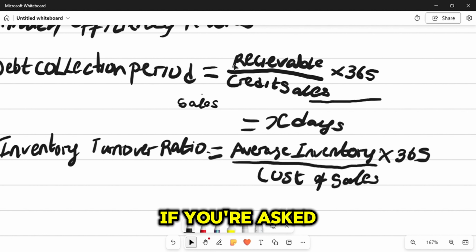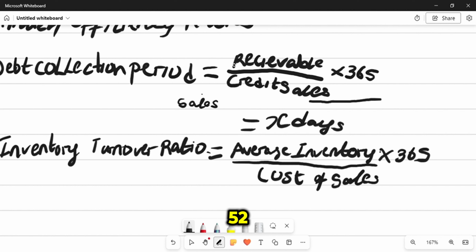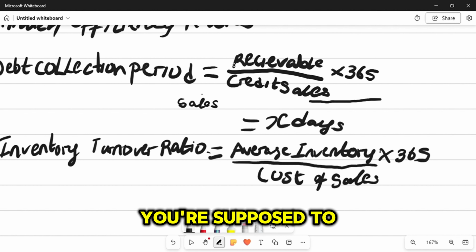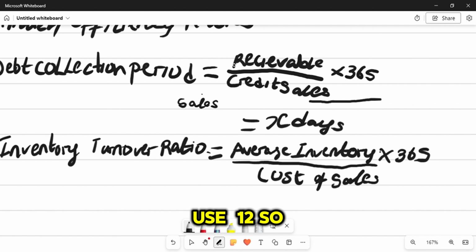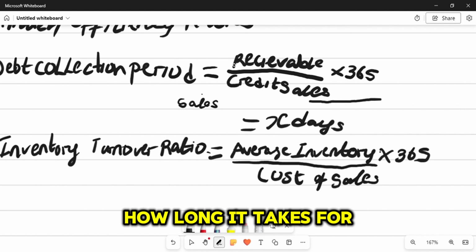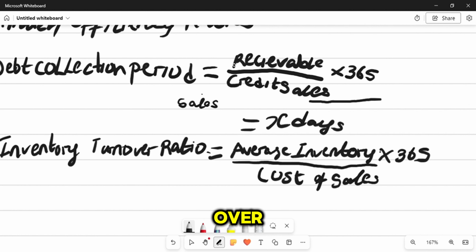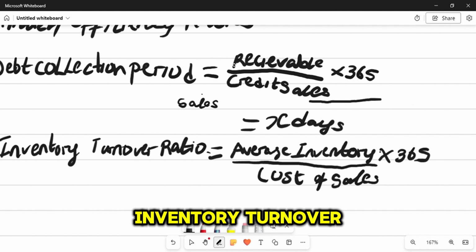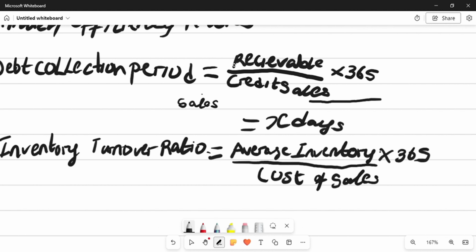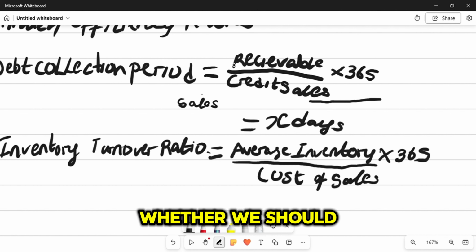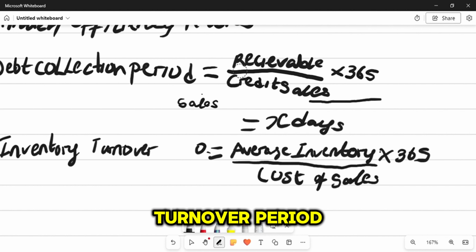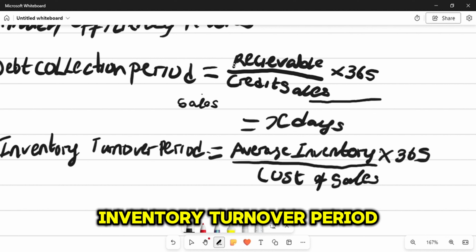So if you're asked in weeks, you're going to have to use 52, and if you're asked in months, you're supposed to use 12. This formula is basically to find out how long it takes for inventory to turn over. So I think we should rather call this formula the inventory turnover period.